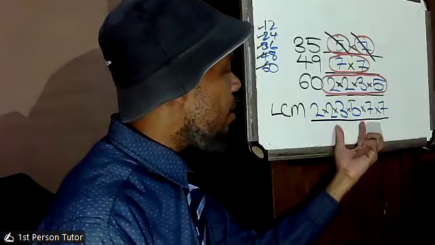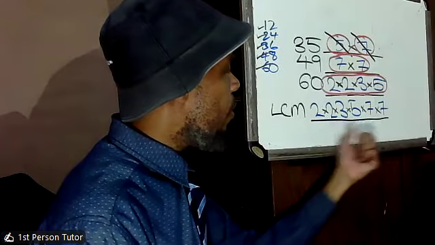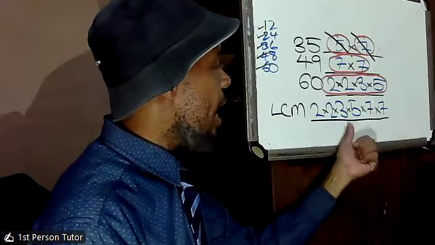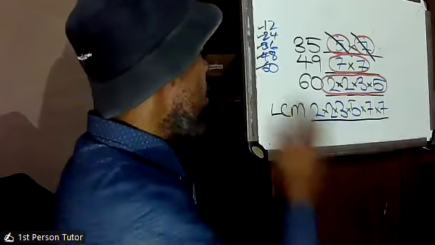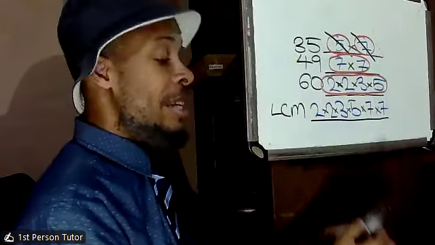We have 2 by 5. So we have 49 times 3 times 2. So let's just say 49 times 6. Let's create the timetable for 49.